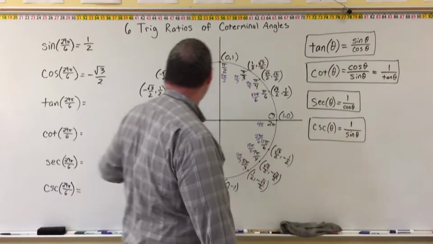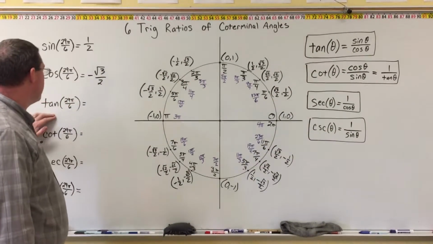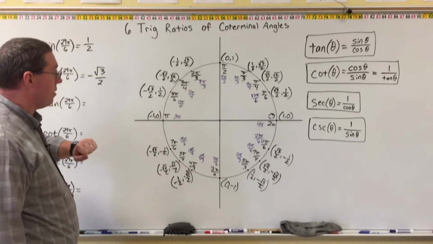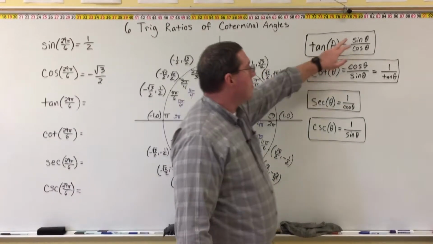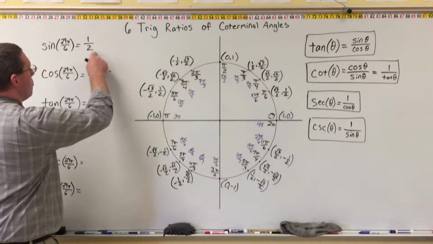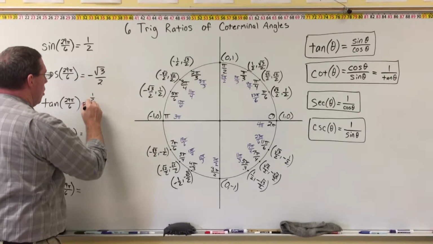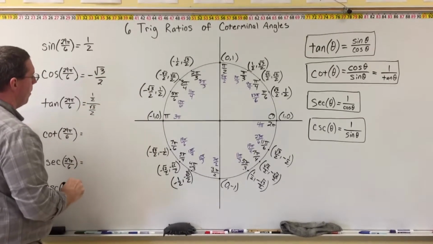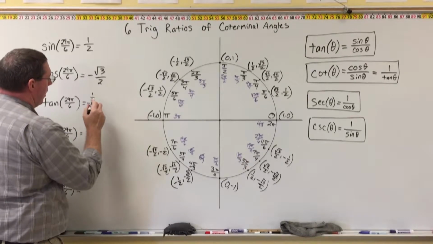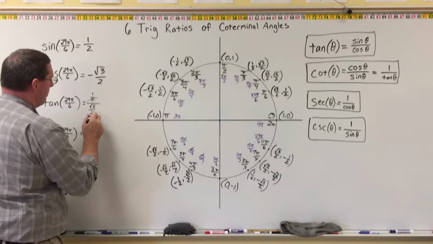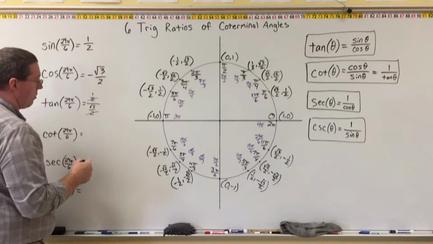Okay, so let's go ahead and identify tangent. Tangent of 29 pi over 6 is the same as tangent of 5 pi over 6. Tangent is sine over cosine. Sine is 1/2 over cosine is square root of 3 over 2, right? Remember how we said in the last video that if the numerators and denominators are the same, you can just cancel them out.